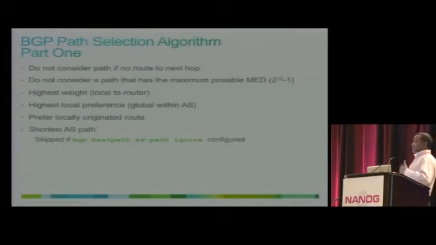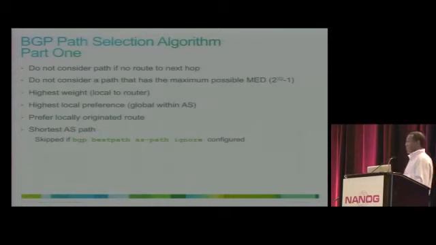Then comes the preference. In the case of Cisco, there is a local router-specific attribute, so it's not really a BGP attribute that's advertised to another peer. It's just local to that router. There is a weight that has a higher preference than any other preference.